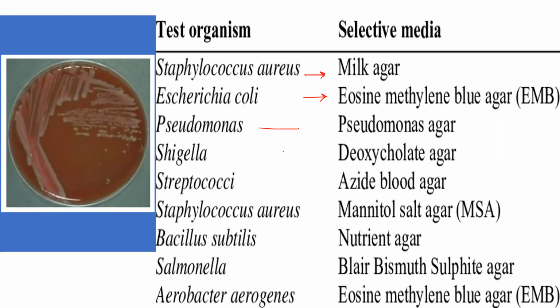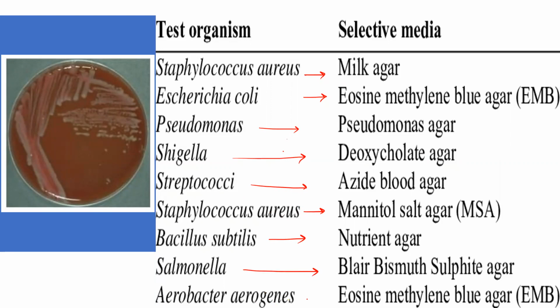Pseudomonas grows on Pseudomonas agar. Shigella grows on deoxycholate agar. Streptococci grow on azide blood agar. Staphylococcus aureus grows on MSA, that is mannitol salt agar. Bacillus subtilis grows on nutrient agar. Salmonella grows on Wilson-Blair bismuth sulfite agar.